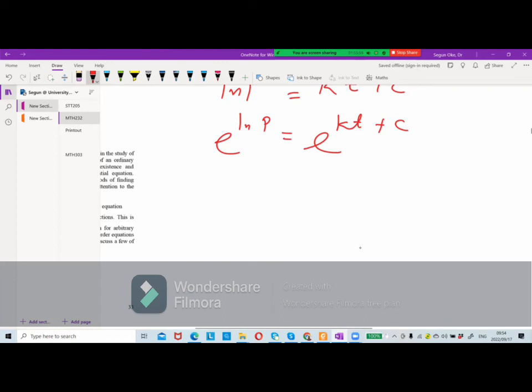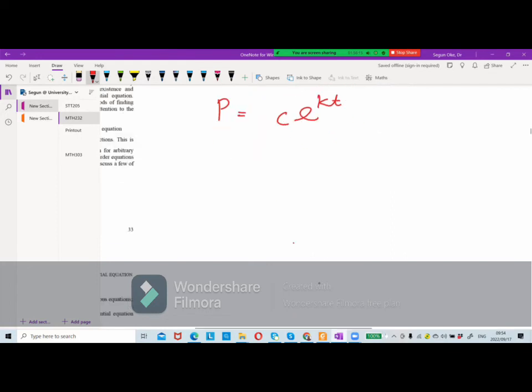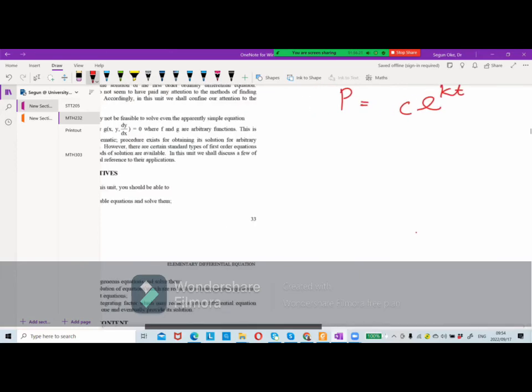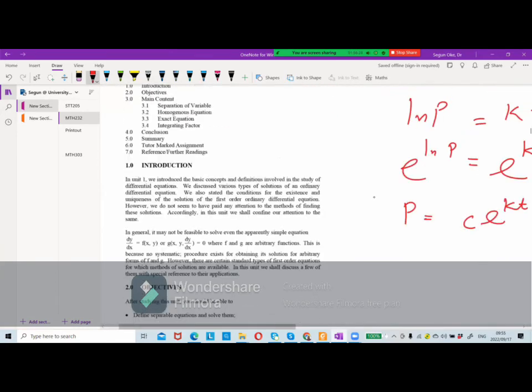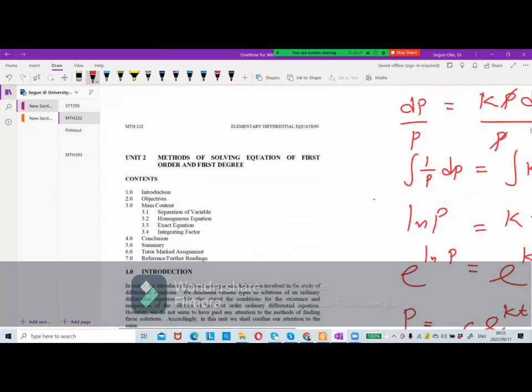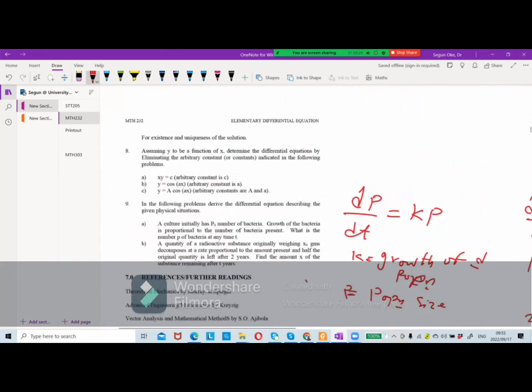So at the end of the day, what is P? Our P will now equal C exponential KT. But if I want to know the P naught they mentioned here, remember they mentioned P naught here. P naught is talking about the initial.